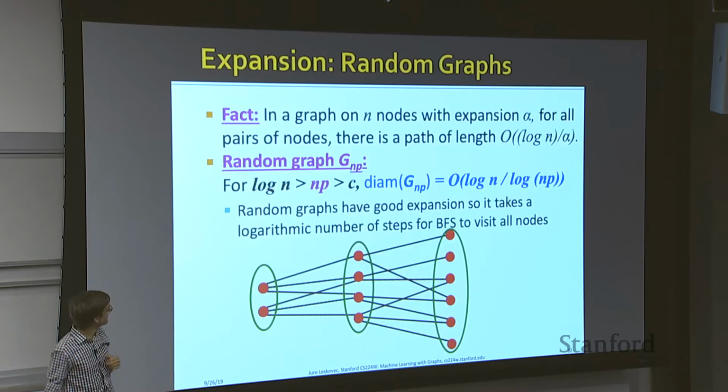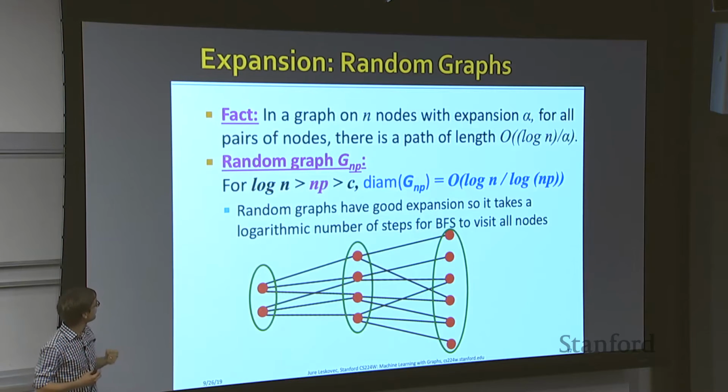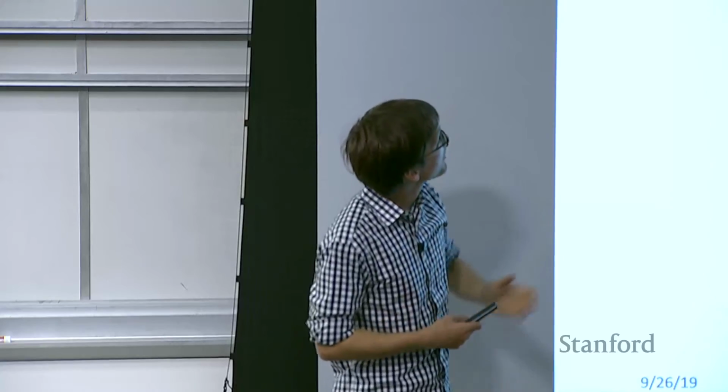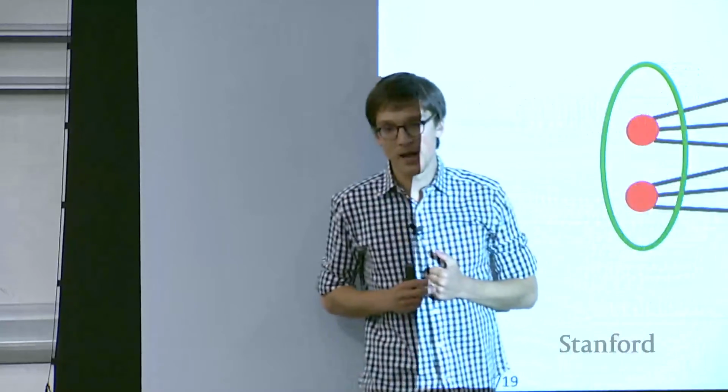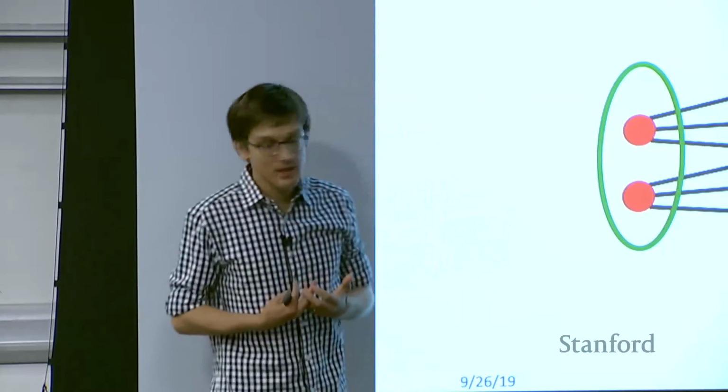So this is a dense slide, but the following is true. If you have a graph with n nodes and expansion alpha, then for all pairs of nodes, there is a path of length log n divided by alpha. Why is that the case?